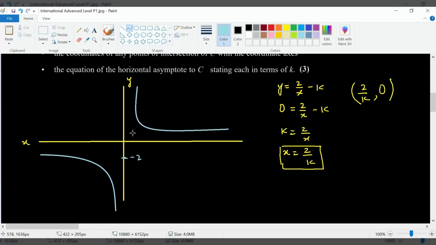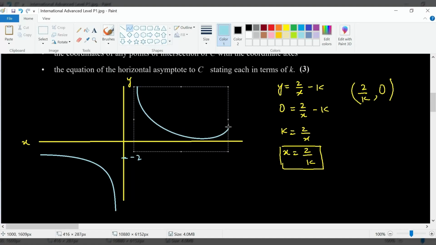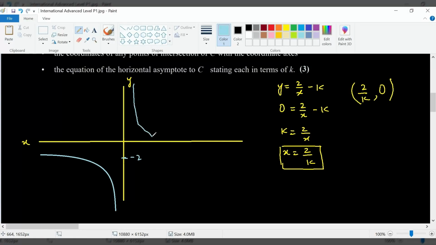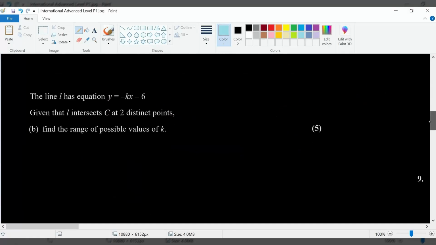Let me see how this can be done. I better draw freehand. Something like this, and this point has to be 2 over k and 0. So this is the sketch of the function.